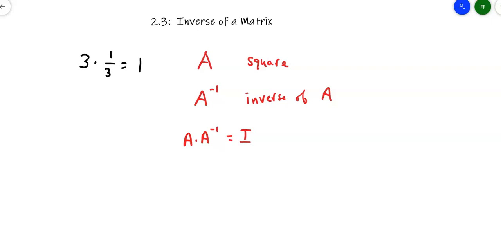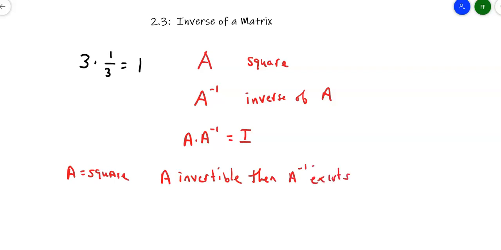Now, that assumes a big thing. That assumes that A has an inverse. So first of all, A has to be a square matrix. If A is invertible, meaning it has an inverse, then A inverse exists, and we have a name for it. If it's invertible, we call it non-singular.